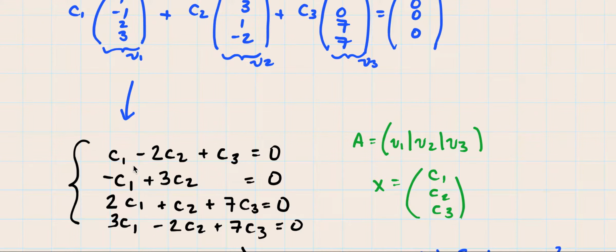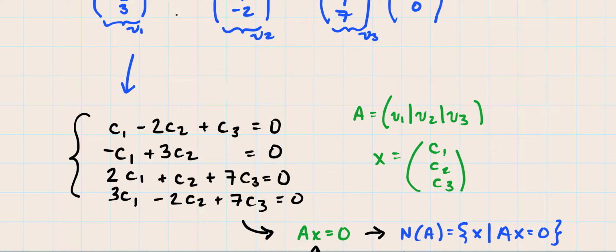We can make an augmented matrix where we take the coefficients of this system, everything to the left of the equal sign, as the matrix A, which is the same thing as putting these three vectors as columns in A. And we can set x equal to c1, c2, c3. If we do that, we're solving this system here: A times x is equal to 0.